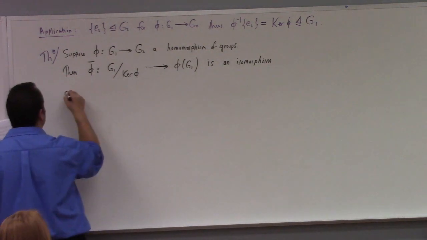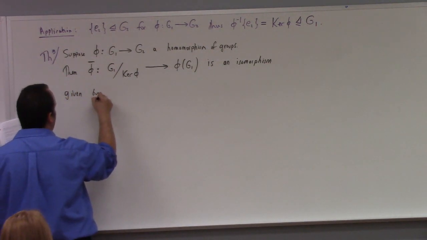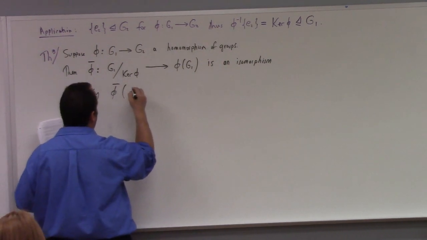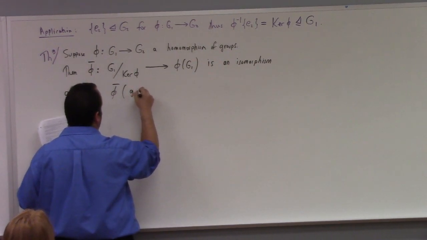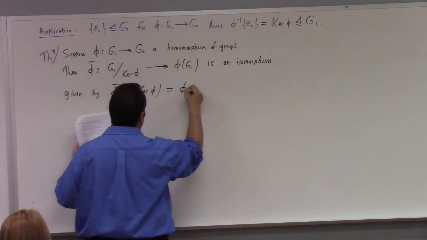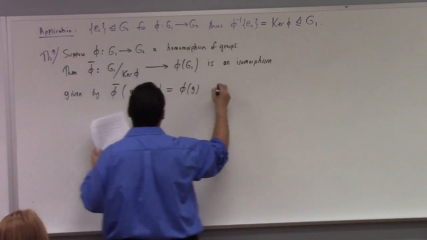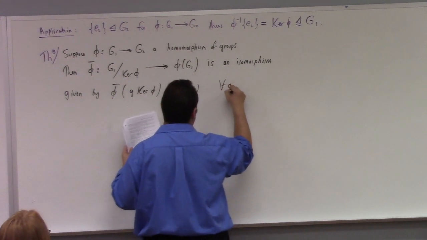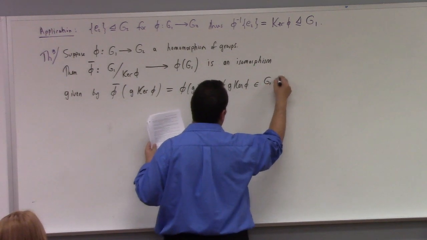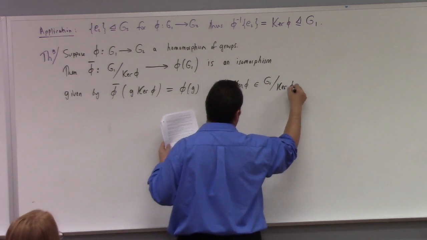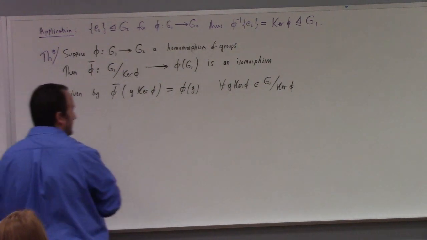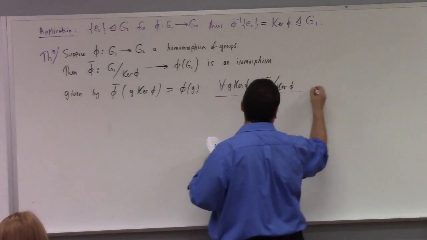the formula is, right? Given by phi bar of, well, it's a coset, right? So let's say g kernel phi is equal to just phi of g, for all g kernel phi in G1 mod kernel phi. So, equivalently, you could replace this condition with what?